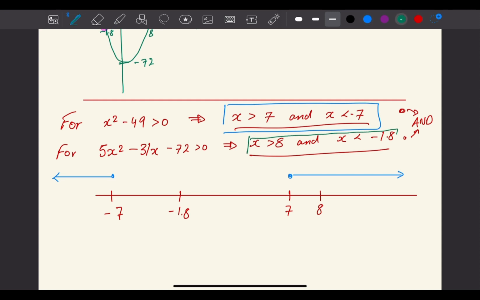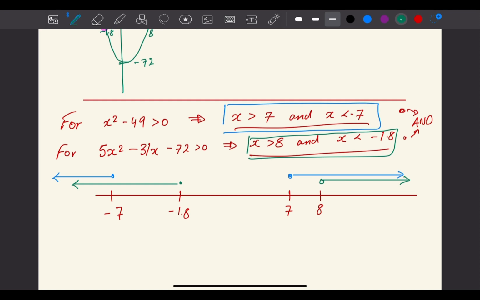Over here we're saying x is greater than 8 and x is less than minus 1.8. Which set of values of x exists such that both the green and the blue are true?